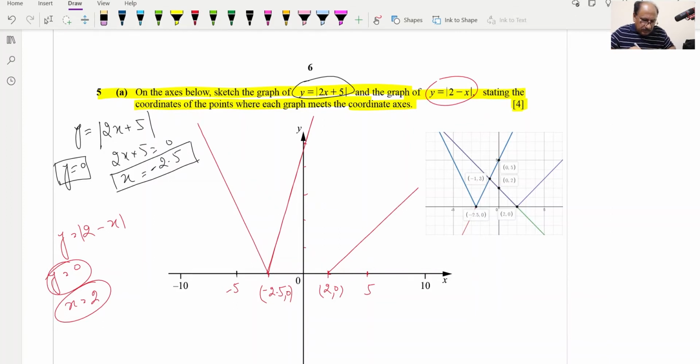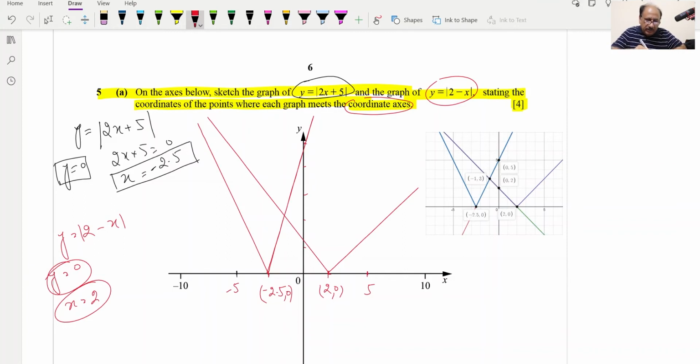If we redraw over here, the V shape will be this one. We have shown the x-intercepts and y-intercepts, the coordinates of the points where each graph meets the coordinate axes. So the coordinate axes also we have to show, which we have drawn over here.